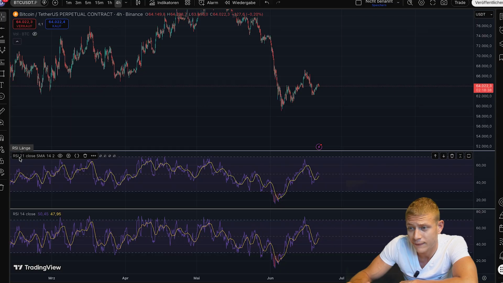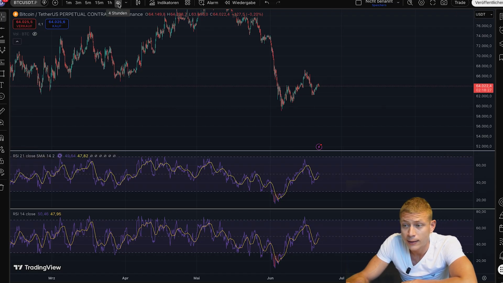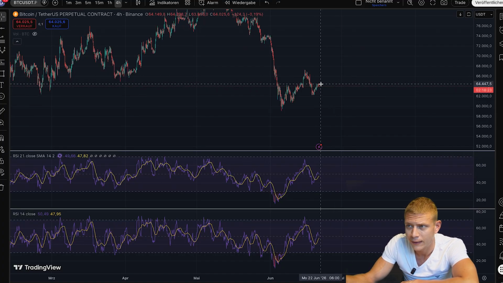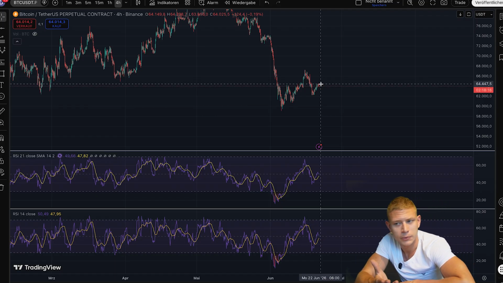This means it compares the strength in the actual candle to the strength of the previous 21 candles. So if we are looking at the 4-hour time frame, then this indicator is telling us how the strength compares to the last 4 times 21, 84 hours, which is pretty nice.